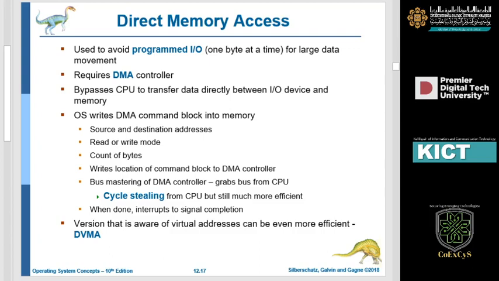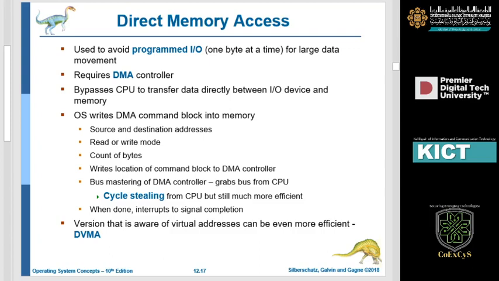Remember, that's how polling works. We check whether there's a free bit in the register, and if it's free, we transfer one byte, right? And we check again if it's free and transfer one byte, right? So this is really not an efficient way to transfer a big file, right?